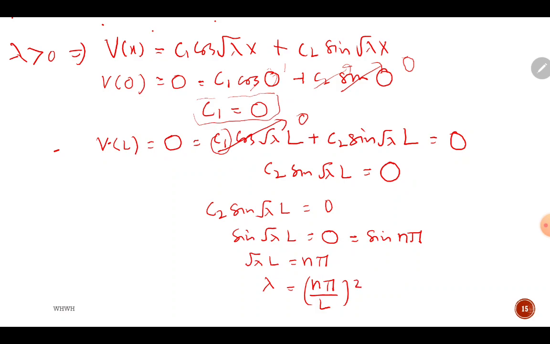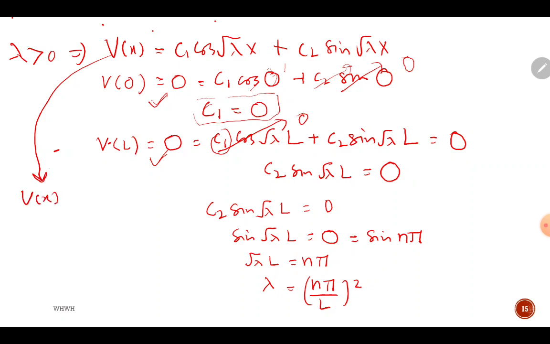So in this case, we have satisfied the condition. Kita dah dapat value of lambda. Okay, we have satisfied the condition for VL equals to 0 and V0 equals to 0. Dari situ kita dapat value of lambda and come to our knowledge C1 ni sama dengan kosong. C2 kita tak tahu berapa value dia. It's okay, tak apa, biarkan.